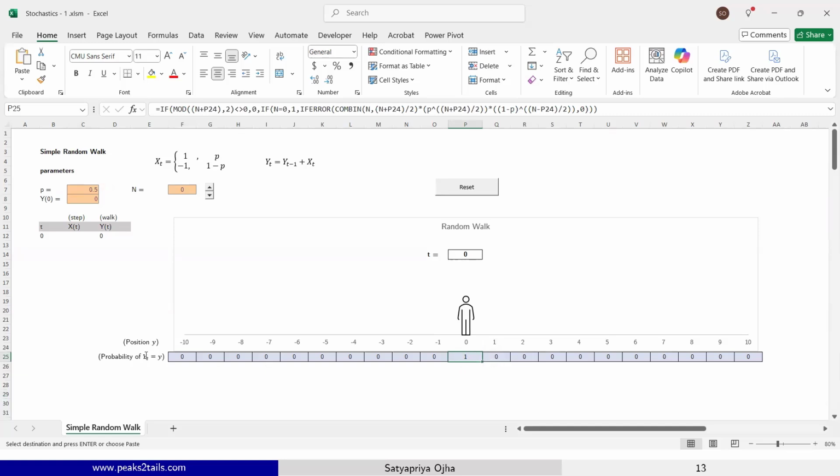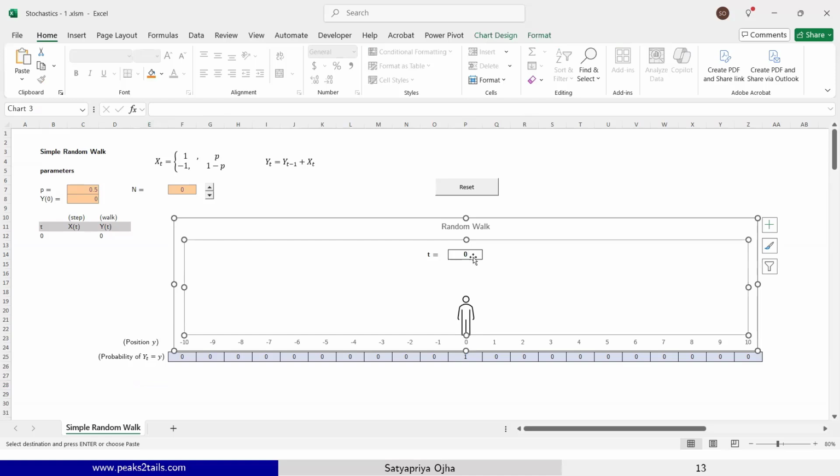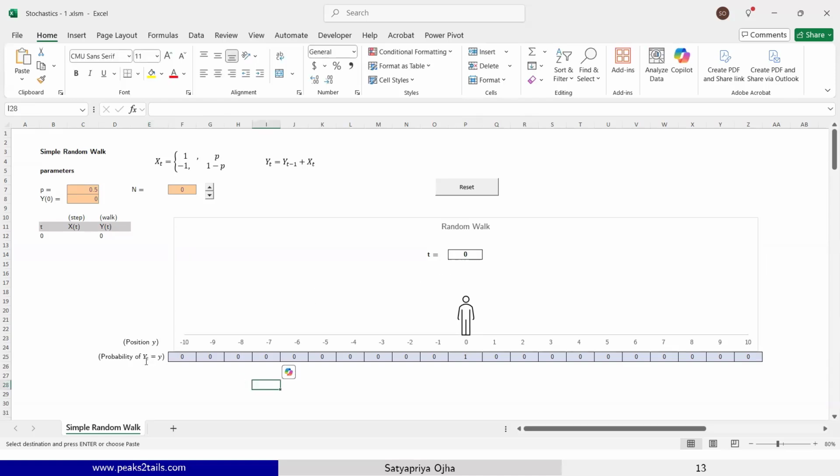Remember, this is the subscript of t, which means at what time you are talking about. So y0 means value of y at time t equals 0. The probability of y0 equal to -1 is 0, because you are standing at 0 at time t equals 0. It's not random, it's completely known.